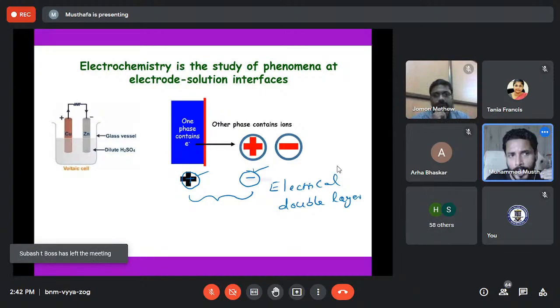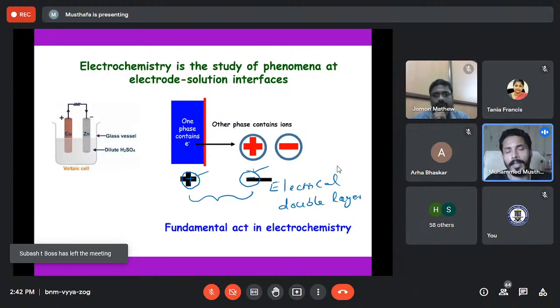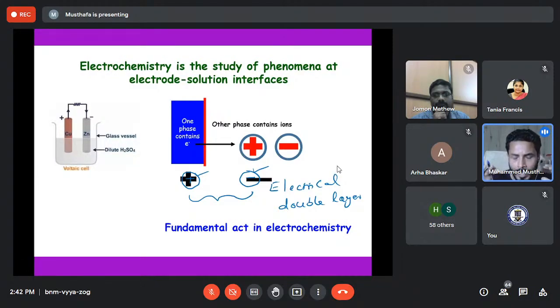Do not forget that. The formation of electrical double layer is the fundamental act in electrochemistry. And the electrochemical behavior of any electrochemical interface is very, very sensitive to the structure of this electrical double layer.